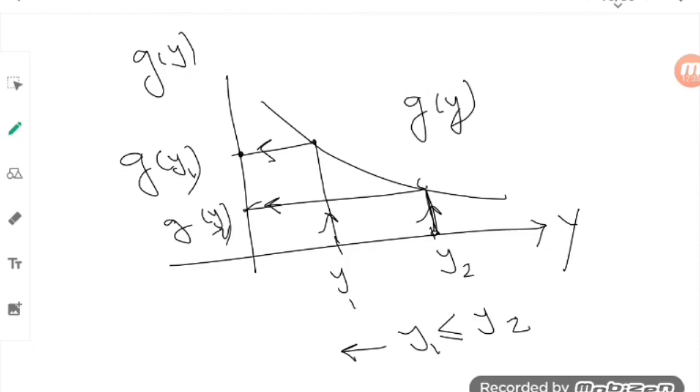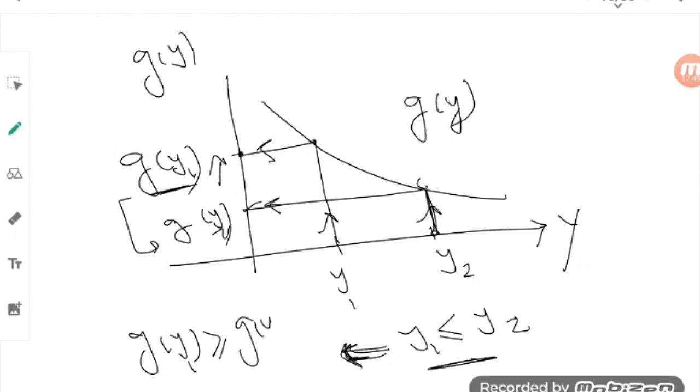So here we have y1 less than or equal to y2, but this implies that g of y1 is greater than or equal to g of y2. So here, what happened to the inequality? It reversed to the other direction.